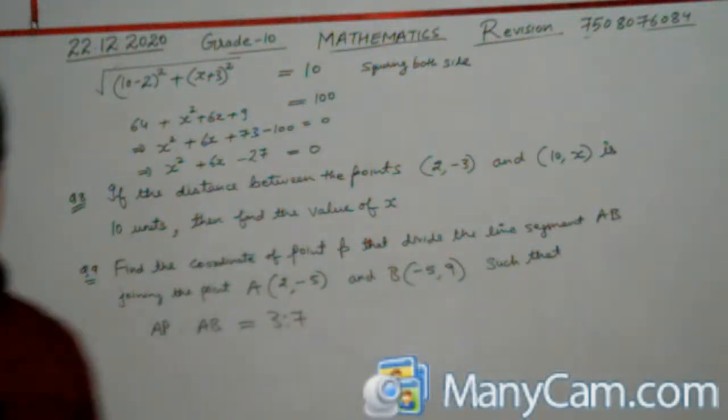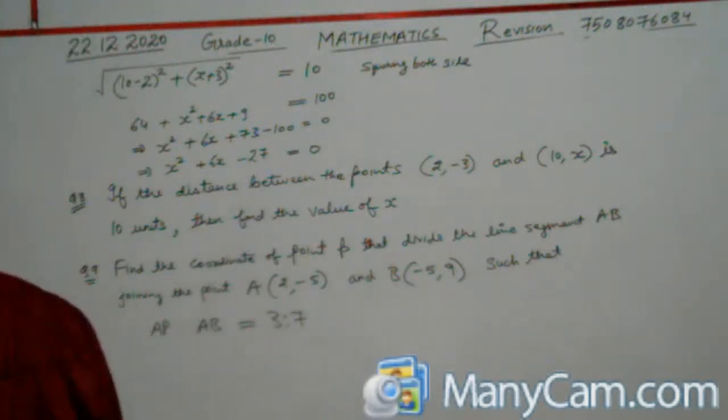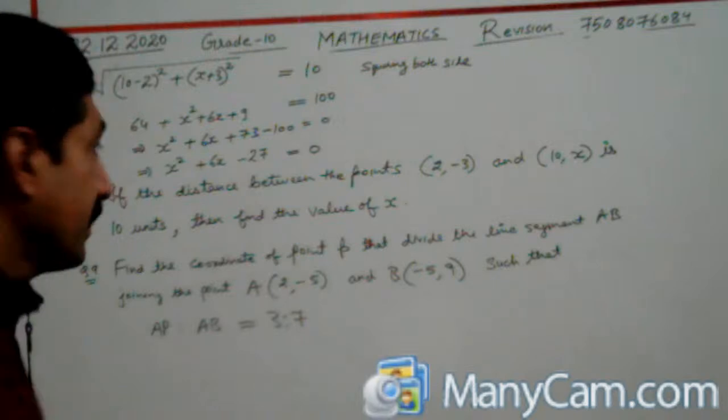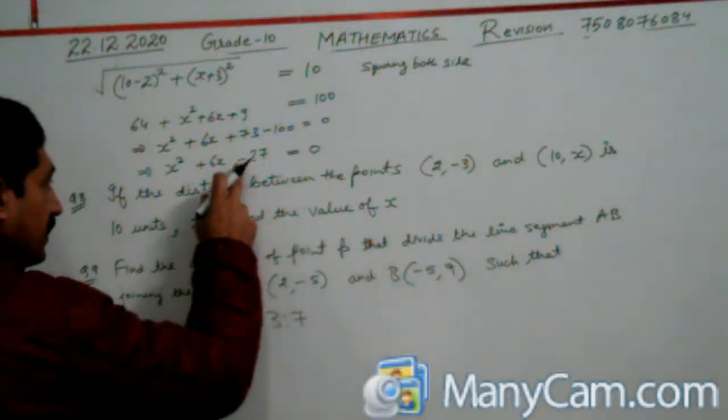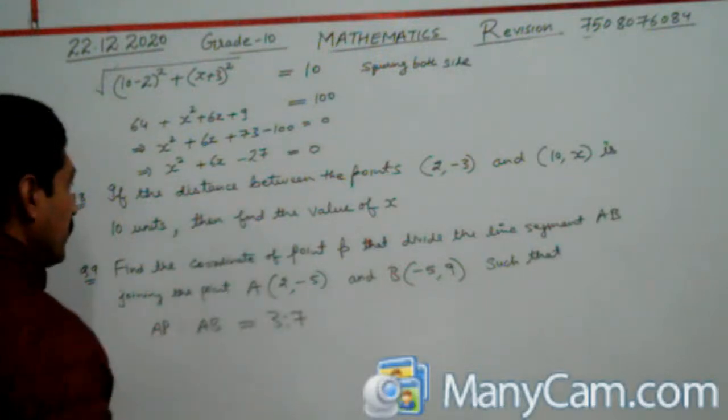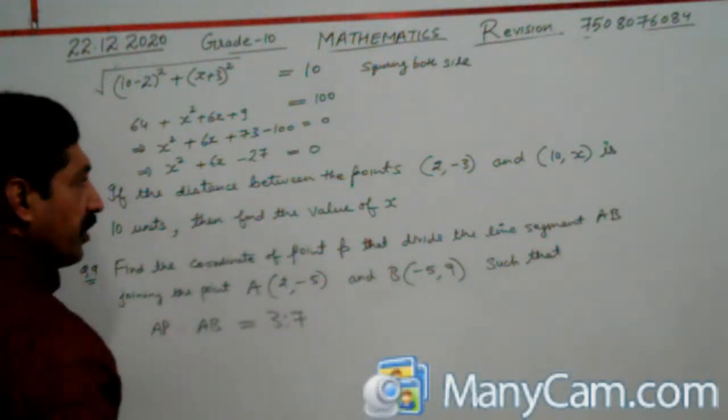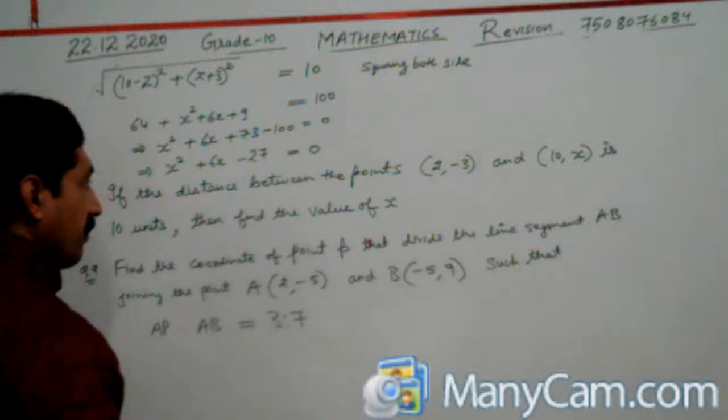So here we will find the value of x. We can have two values. If the distance between the points is 10 units, find the value of x.